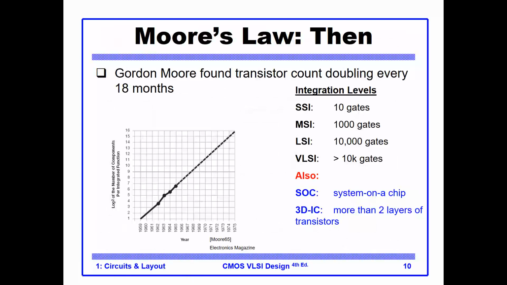Moore's law: Gordon Moore predicted that every 1.5 years, every 18 months, we will double the transistor counts.